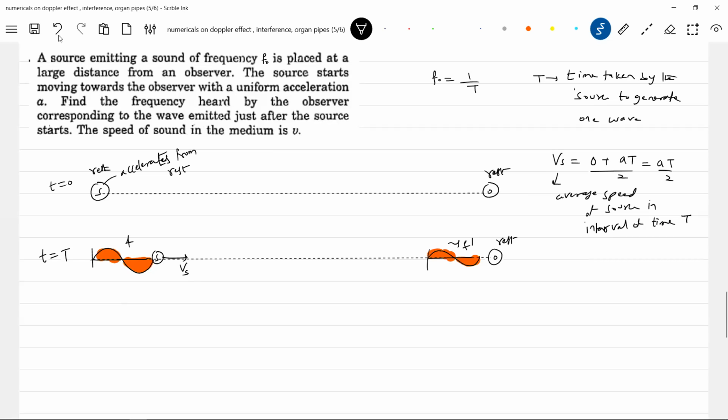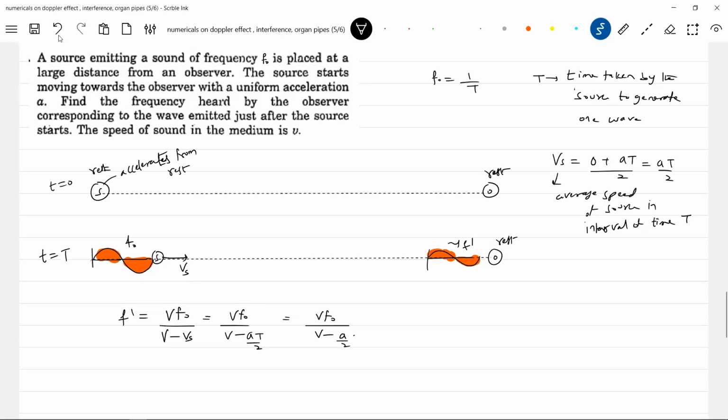Now we'll write the Doppler effect formula. So what is f dash? f dash is equal to V f naught by (V minus Vs). What is Vs? at by 2. Further, V f naught by (V minus ...), this will be a by 2.